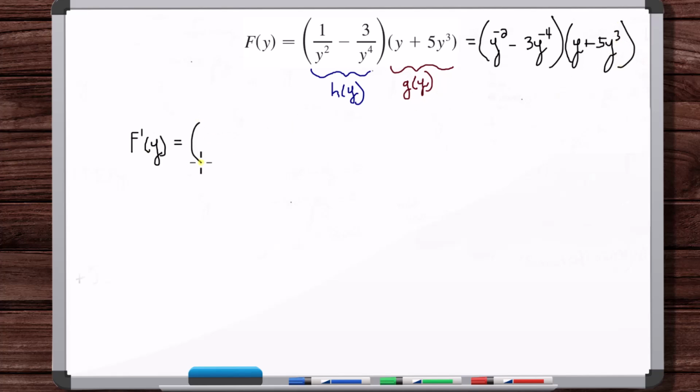All right, so what is h prime of y? Minus 2, y to the minus 2 minus 1 is minus 3. Now bring down the 4. We get minus 4 times 3, so this is going to be plus 12. y to the minus 4 minus 1 is minus 5. Okay, times the second.